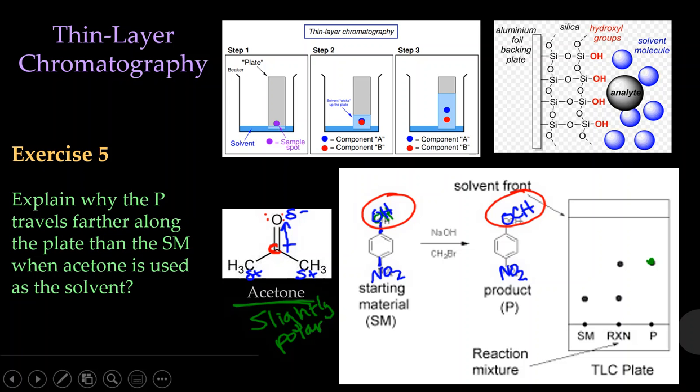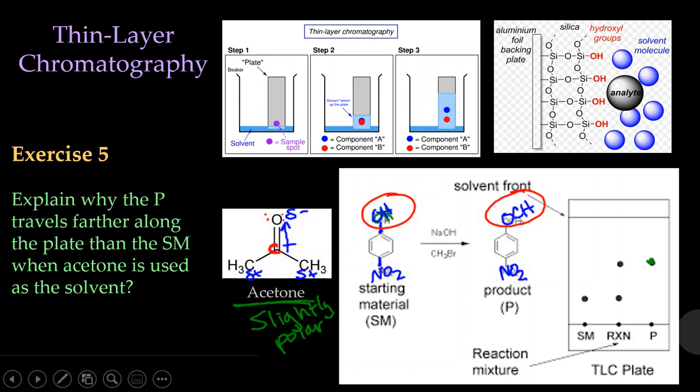And out of these two, which have the differences in having OH on the starting material and then OCH on the product material, which one of those is going to be less polar? OCH. The OCH is going to be less polar.